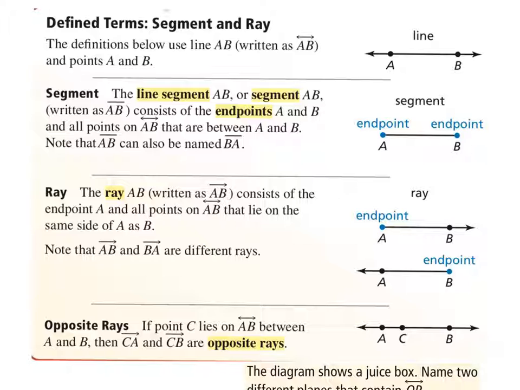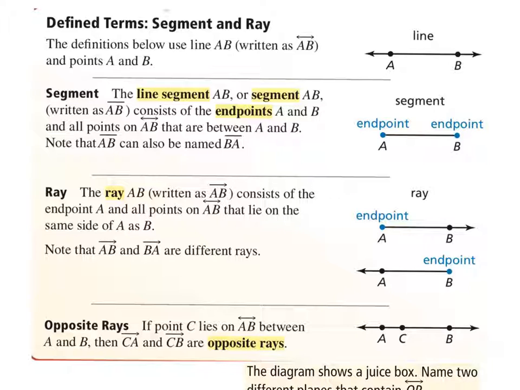Segments are a little bit different. They stop and start at a point. So when you're talking about segment AB and segment BA, it doesn't matter. The arrows don't go on either side, so you could do either one. That's the same segment. It has the same length from one end to the other, regardless of where you start.